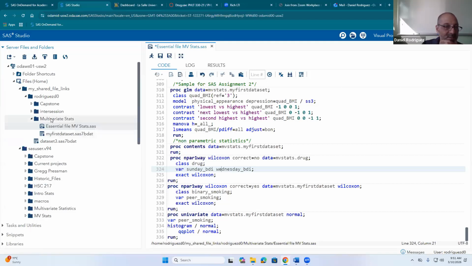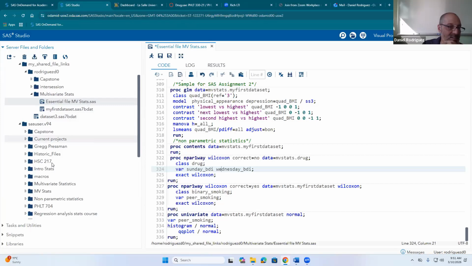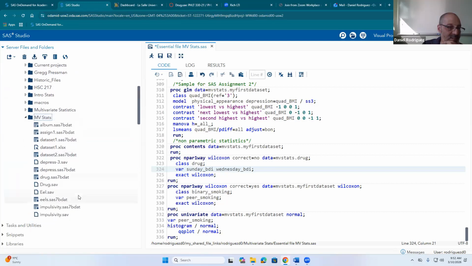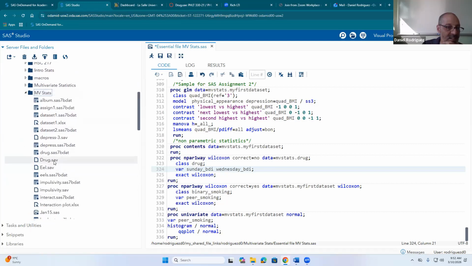Upload into SAS. And what I did was I uploaded it into my personal area here, right? So it says drug.sav. Then once you do that, you click import data and it'll import it into SAS itself, and it created a SAS data set, right? drug.sas7bdat.